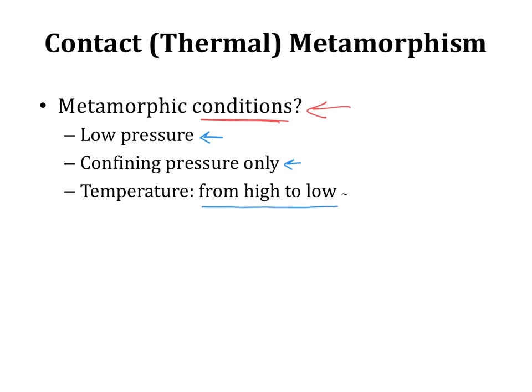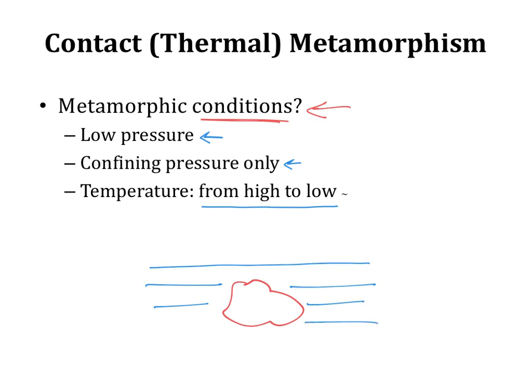Basically, if you think about having your magma down here and then all the surrounding rock around it, the layers that are very close to the magma are going to get very hot, but rocks are not very good conductors of heat. And so therefore, as you move away from the magma, the rocks will not experience the same intense heat, and instead they'll be a little cooler.